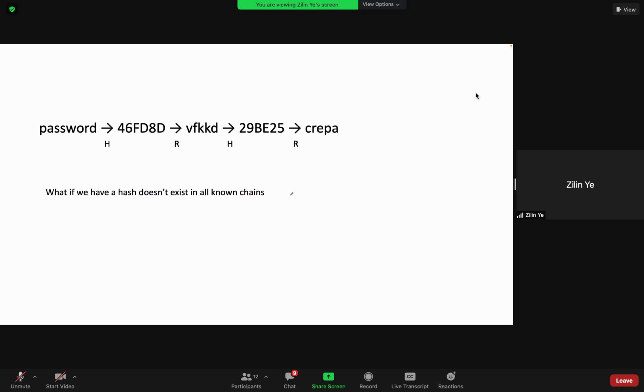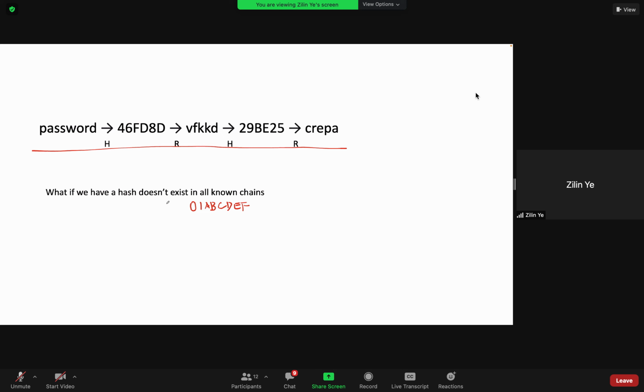And what about when we have a hash that doesn't exist in any of the known chains? Just assume this is the only chain I have in my database. Let's say I write some random values like 0, 1, A, B, C, D, E, F. This is the hash value I have, and it's not on the chain, right?